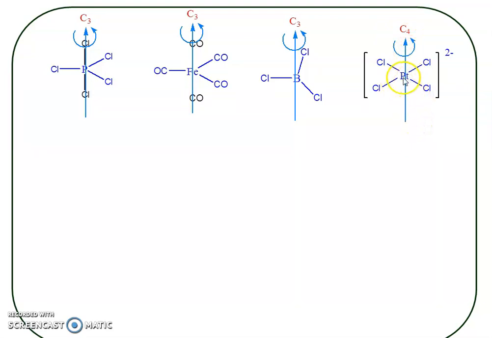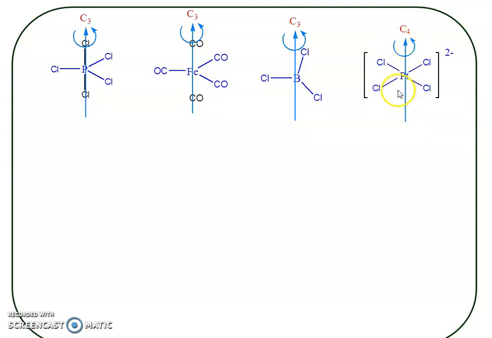Actually in the case of platinum tetrachloride, all the 4 chlorine atoms including platinum, these 5 atoms are on the same plane. Platinum is at the center and it is surrounded by these 4 chlorine atoms which are present on the same plane. Now imagine the axis at right angle to this plane passing through platinum, and this axis is a C4 axis.